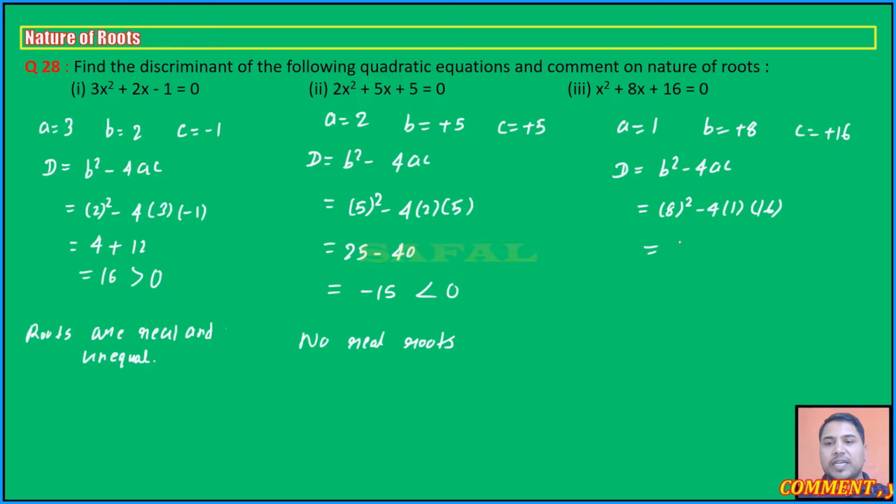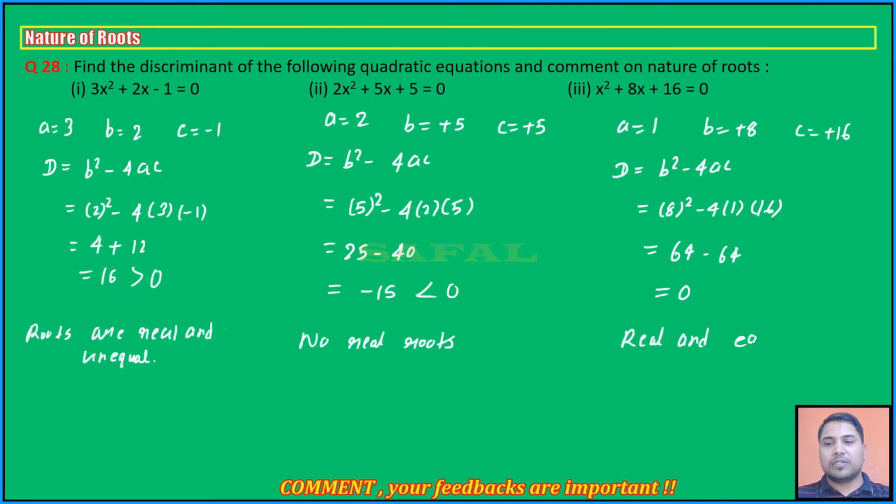So I can see that 8 square is 64 and 16 into 4 is also 64. So in this case, discriminant is what? 0. And we know that when discriminant is 0, then the quadratic equation will have real and equal roots. So I can say that real and equal roots.